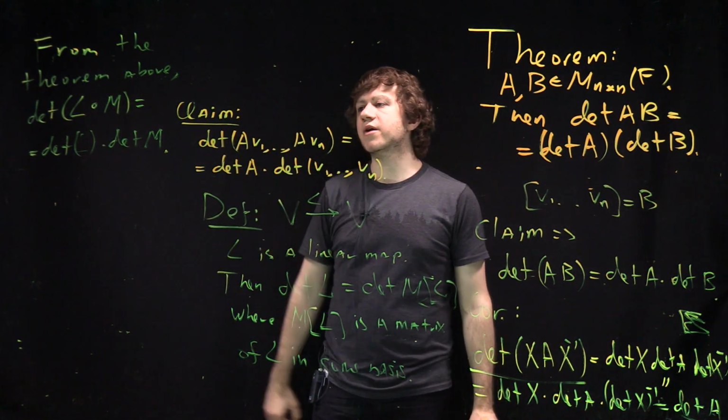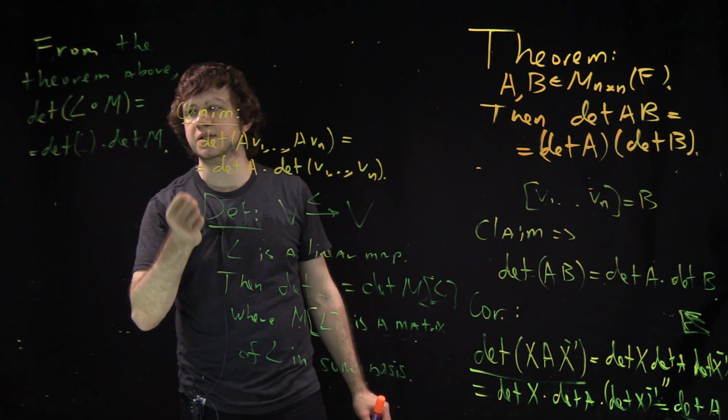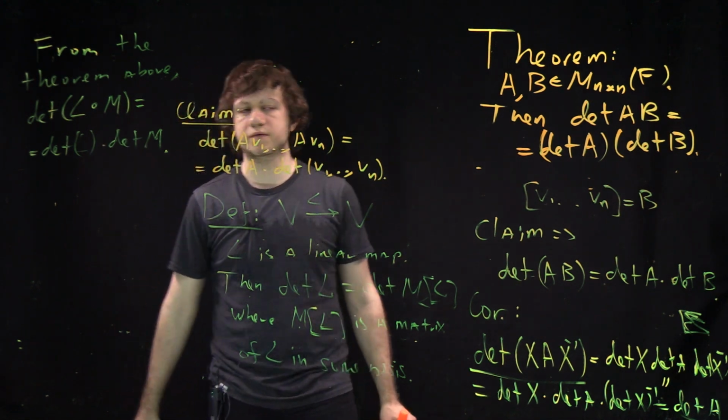You can compare it with sign, where the sign of a composition of permutations was the same as the sum of signs, and here the determinant of a composition of linear maps is a product of determinants.